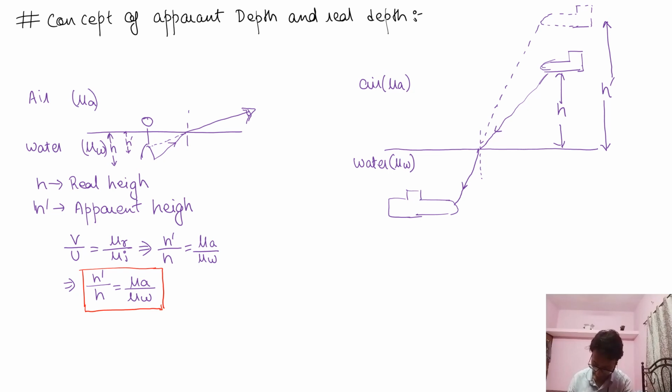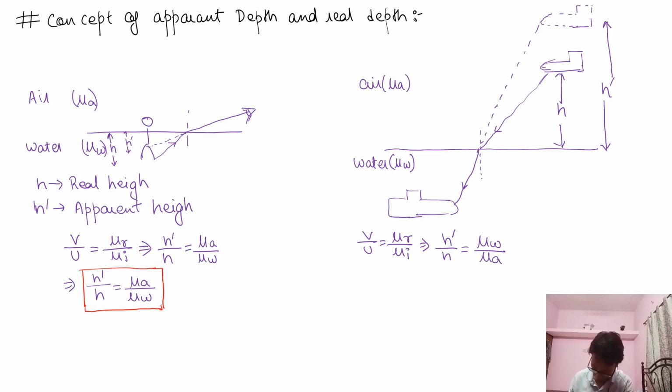From here, can I apply the formula that I have used before? V by u is equal to mu r by mu i. Out here the image is nothing but the apparent height, divided by the real height, is equal to the refractive index of the medium containing the refracted ray, that is mu of water, divided by mu of air.